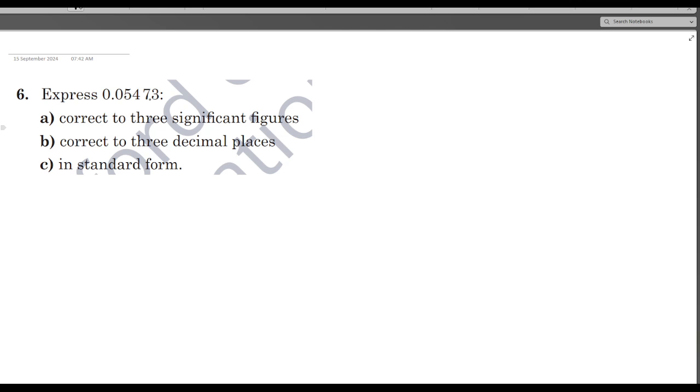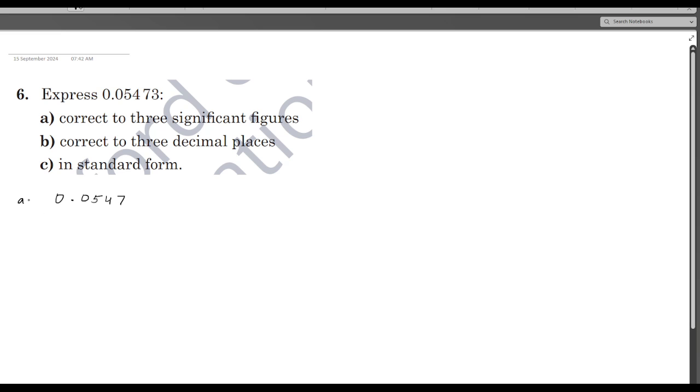Now express 0.05437473 correct to 3 significant figures. So when we are writing significant figures and if the number is less than 1, then after the decimal, if there is any zero initially, we will ignore that. So for 3 significant figures, your result will be 0.0544.